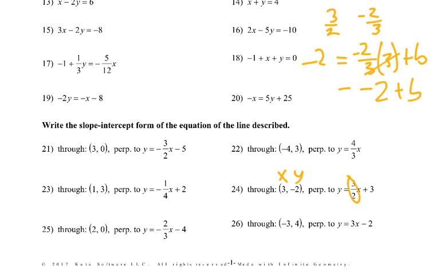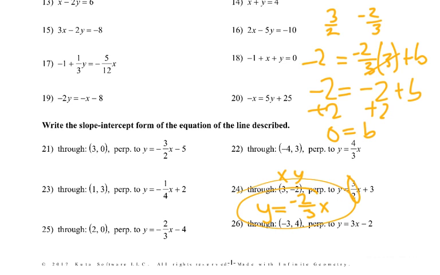Negative 2 plus b equals negative 2. Add 2 to both sides, and we get 0 equals b. So my equation, y equals my new slope, negative 2/3 x plus 0, which, taking off that plus 0, is the same thing. So there's my equation.